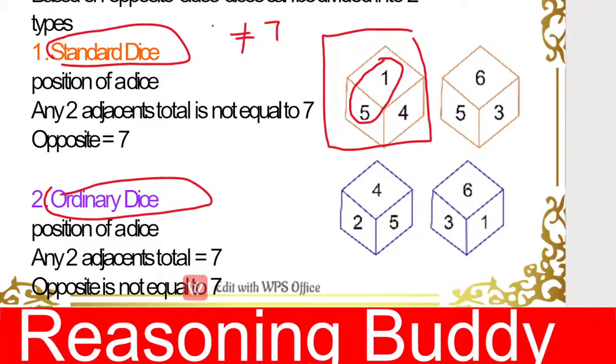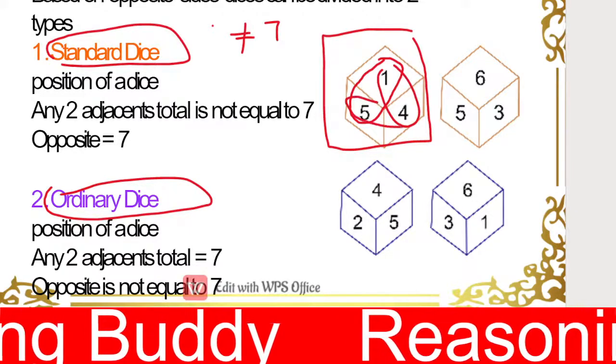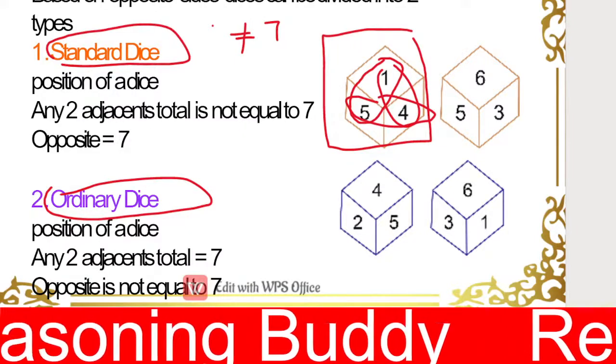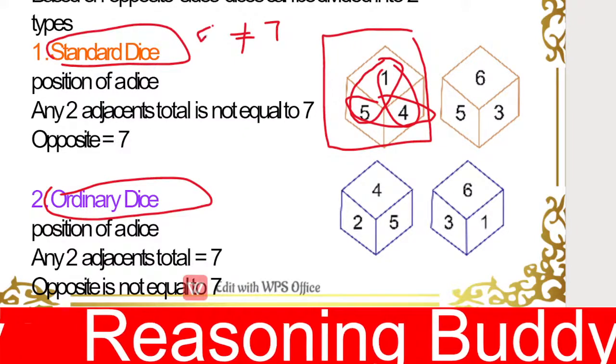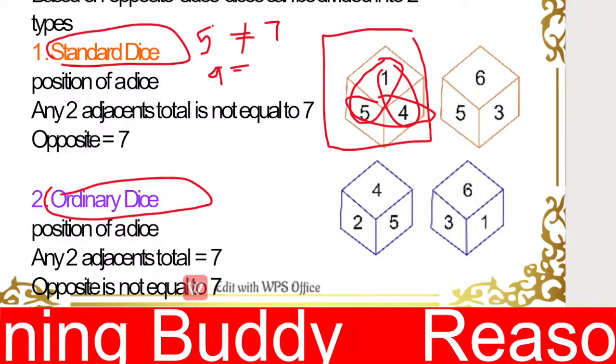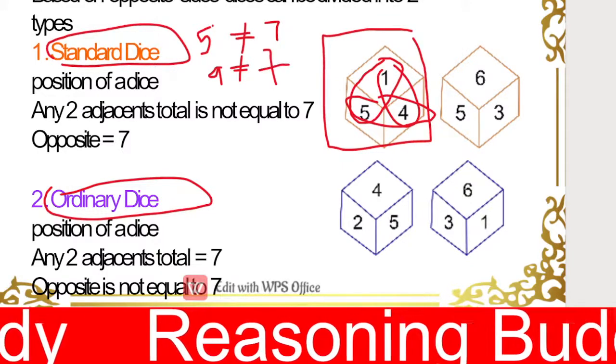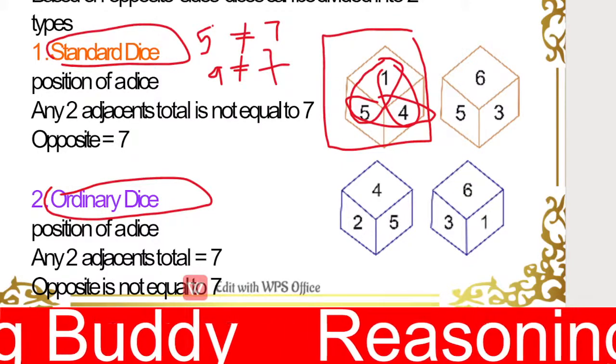So you have to do it for 1 and 4, 1 and 5, and 5 and 4. 1 plus 4 is 5, and 5 is not equal to 7. 5 plus 4 is 9, and 9 is not equal to 7. So if in all cases the sum is not equal to 7, then it is called a standard die.